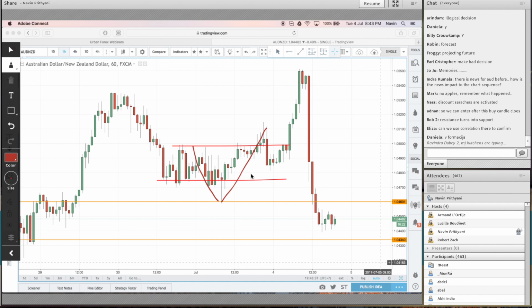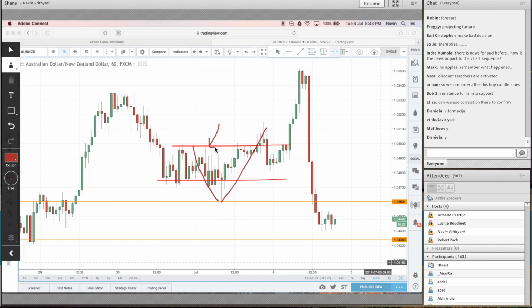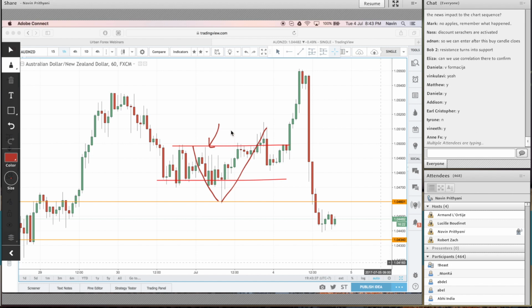Would you say the sellers are struggling? Do you see any buyers on the way down? Yeah, there are some aggressive green candles in there. What about on the way up? Do you see sellers coming back? There are very few sellers.